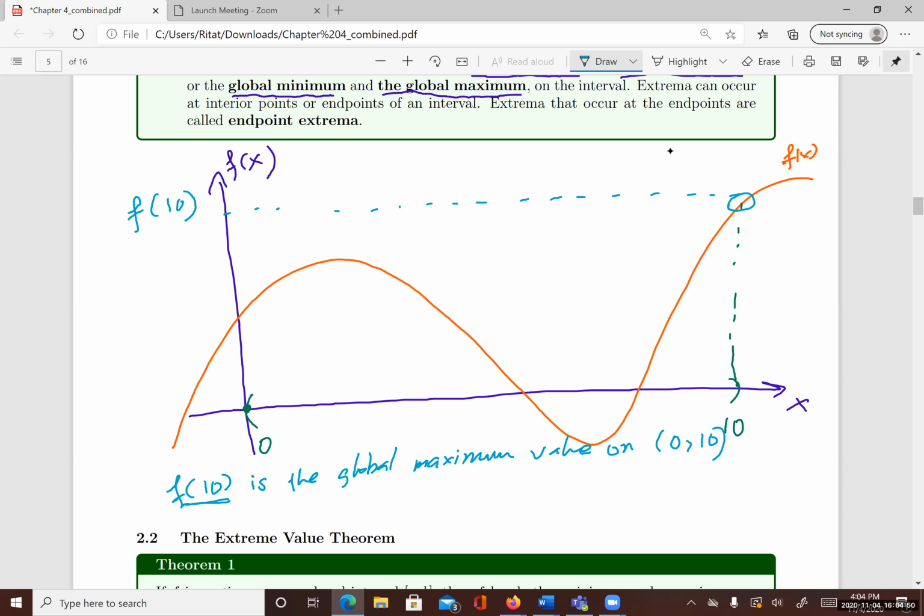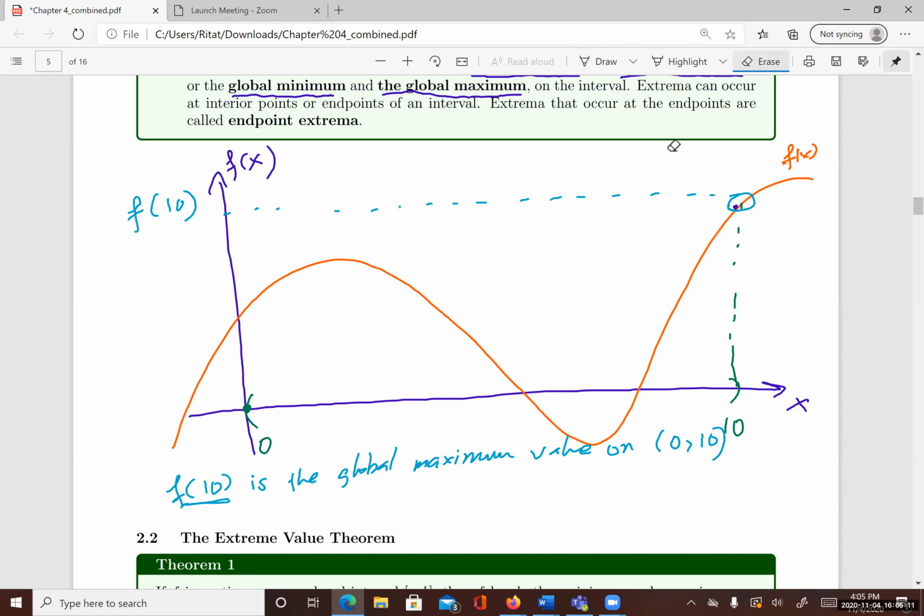So if f of 10 is not the global maximum, then can we guess that maybe a point very close to this point here is the absolute maximum?